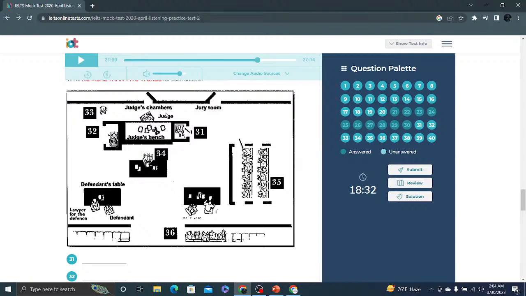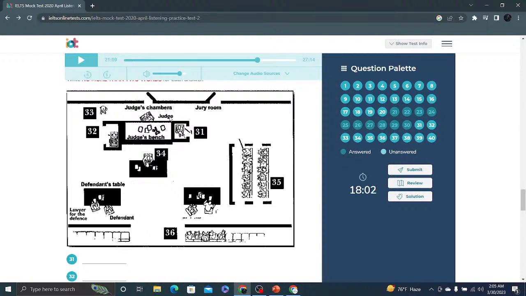Okay, so he was saying the judge is invariably seated behind an elevated desk or bench. Adjacent to the bench are the witness stand. So 31 is a witness stand, as he was saying.